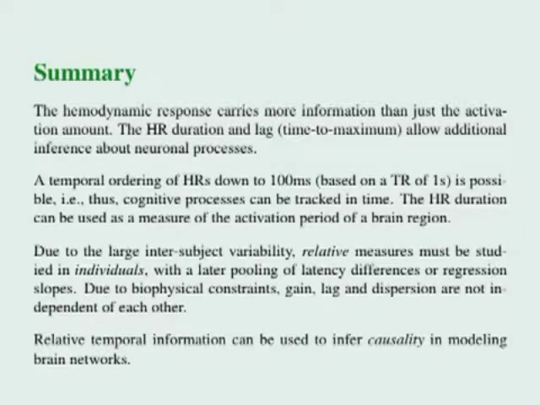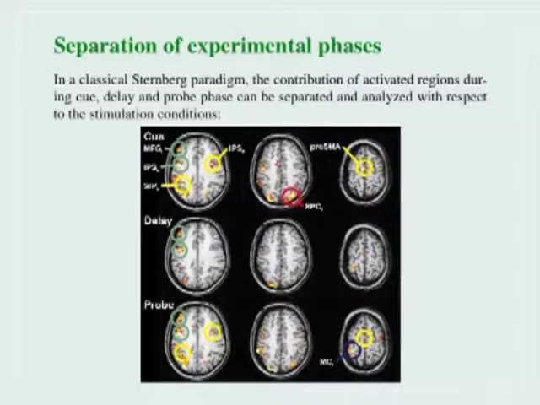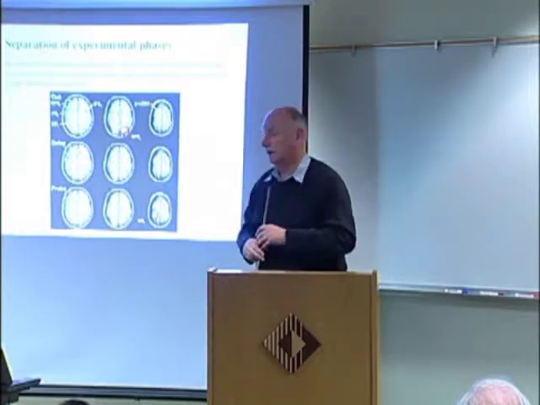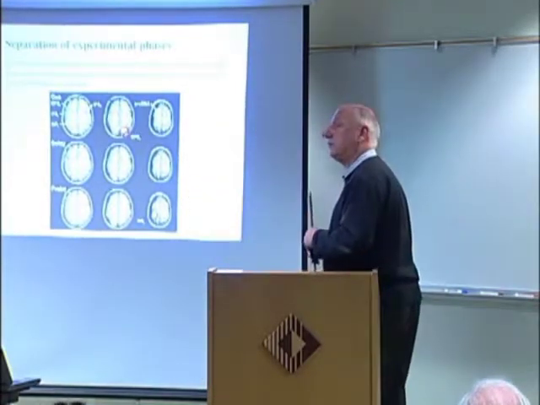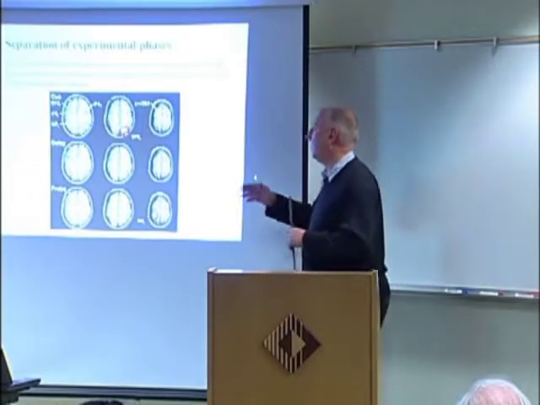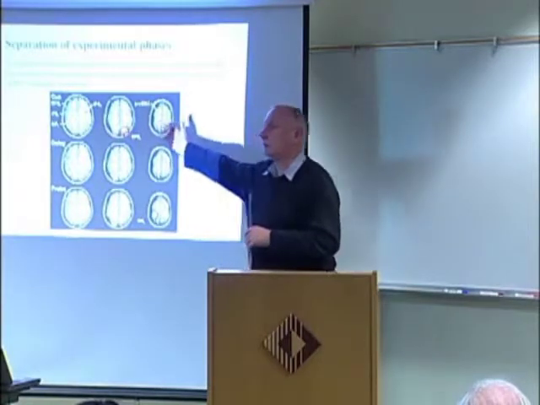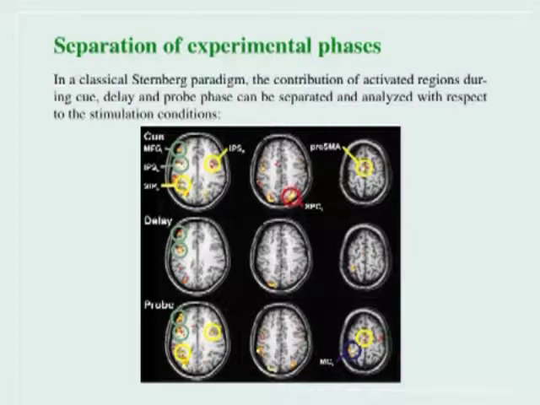For instance, some things that are very well known in ERP experiments we find again over here. In the Sternberg paradigm, we see the supplementary motor area active during the queue phase, which does not necessarily make that much sense, because a response is not expected over here. A response is only expected over here. But we see this active, and this is also going through the literature.